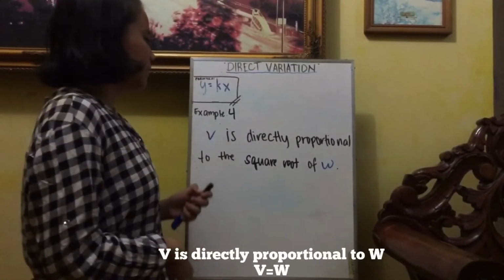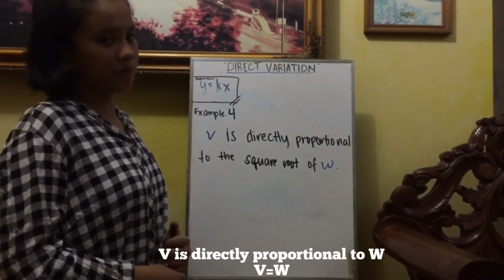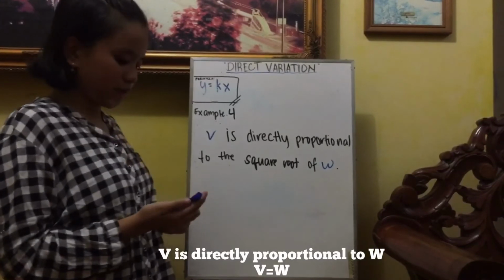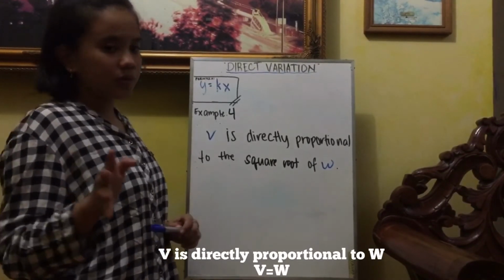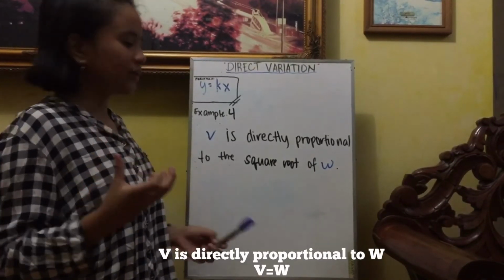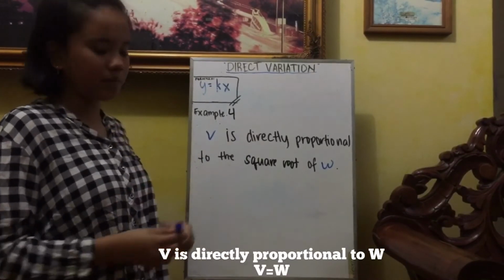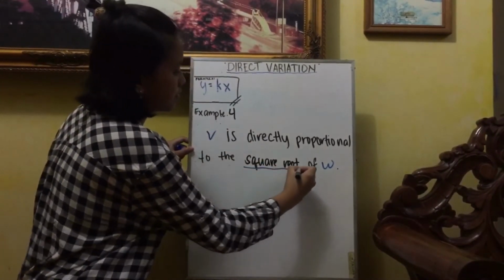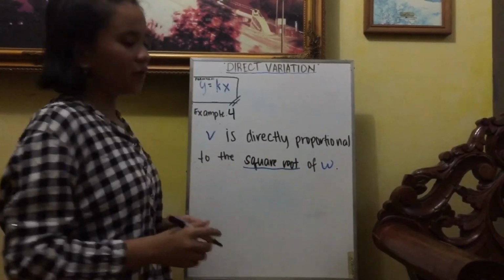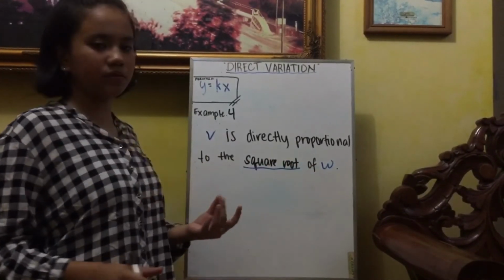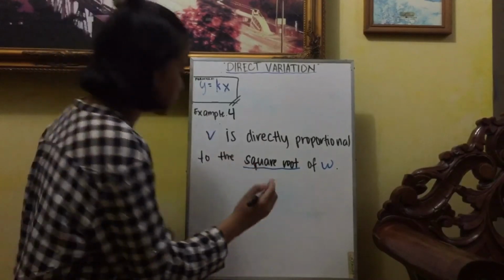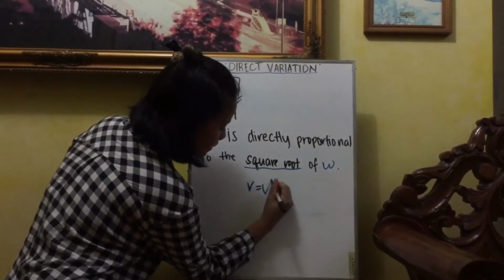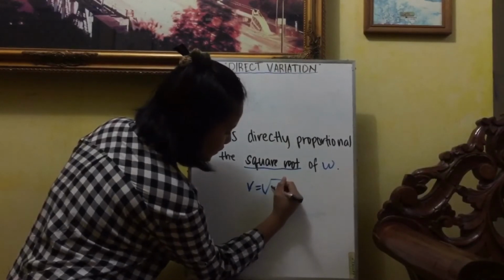Number 4. This is just the same as example number 3. So v is directly proportional to the square root of w. Read carefully. So first things first, make the two variables directly proportional to each other. So v equals the square root of w.